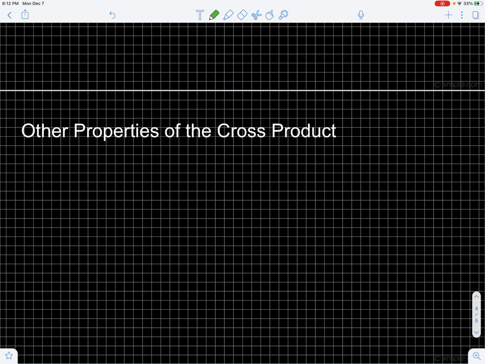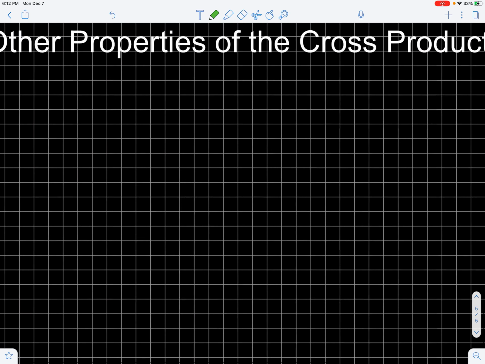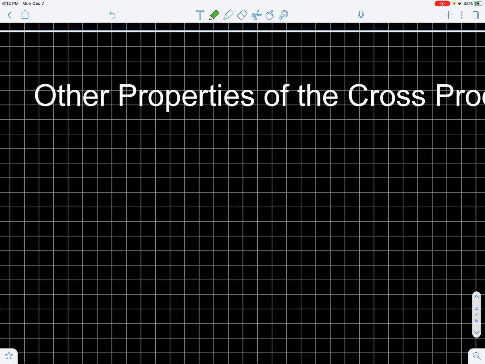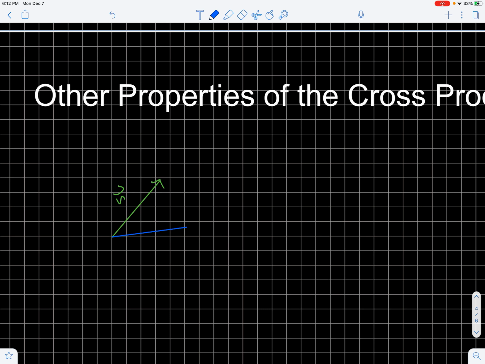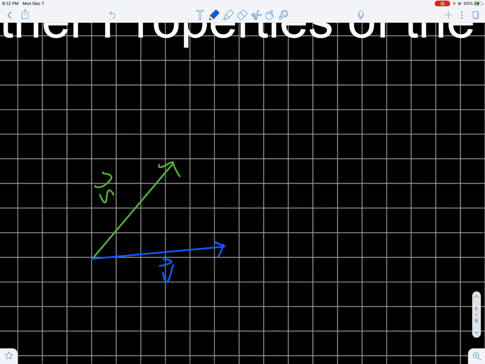All right. Other properties of the cross product. Let me just show you. You've got a vector u. You've got a vector v. We're actually gonna break out some parallelogram magic here.